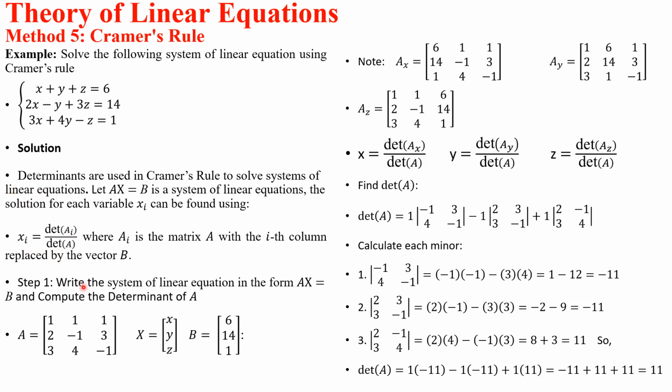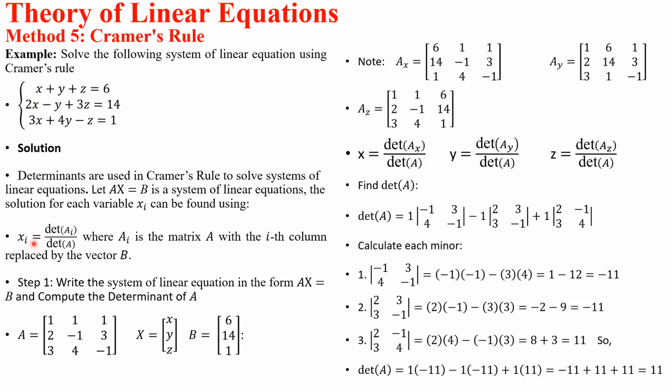Let's transform on the first step. Let's write the system of linear equations in the form AX equals B and compute the determinant of A. So A becomes the coefficients of each of the variables.